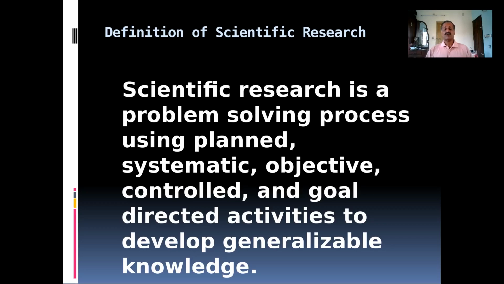So it is a process also. Process indicates that it involves numerous steps, and all the steps are interconnected, and all the steps are equally important. We cannot avoid any step, and we cannot proceed further without following a step. All the steps are like a ladder.